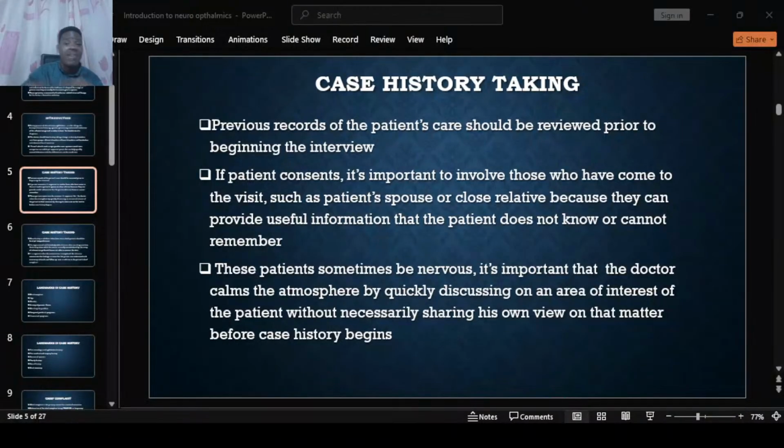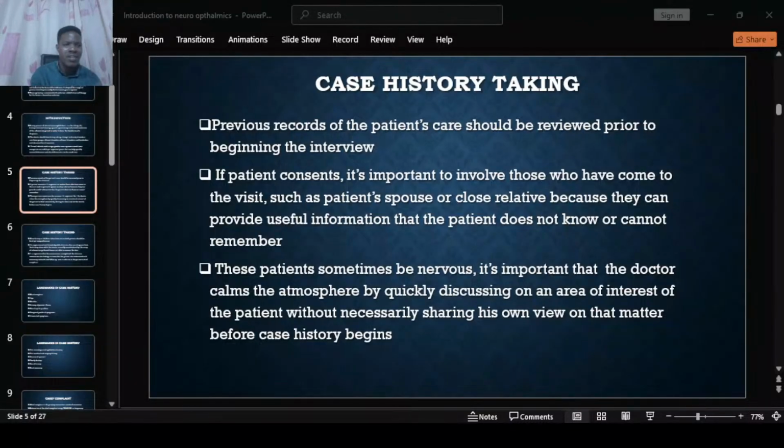Probably they've been to several clinics, seen several doctors, and they've not been able to pinpoint what the issue is. So once they come to you, they are fidgeting, and a patient who is fidgeting might not give you the best of response. So you want to calm them down and let them know that they are in safe hands, that they are dealing with a professional, and that their case will be solved. So probably discuss an area of interest.